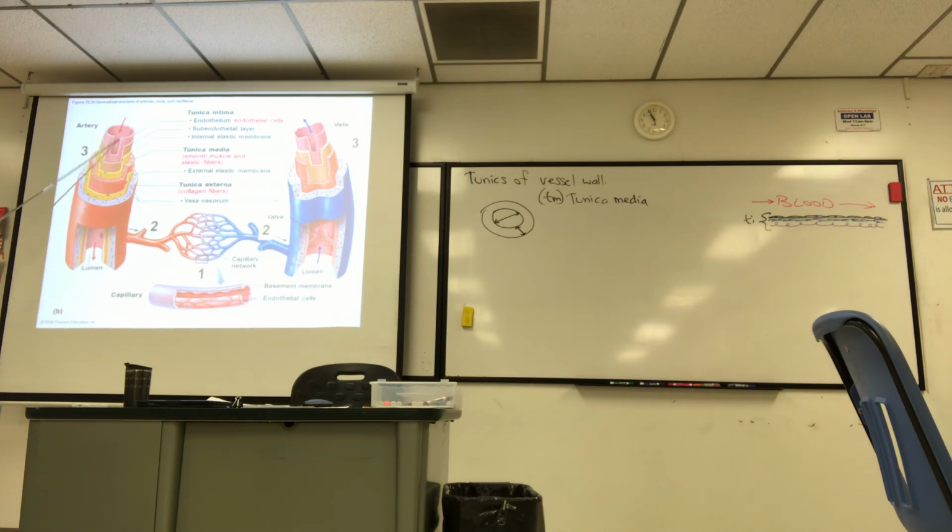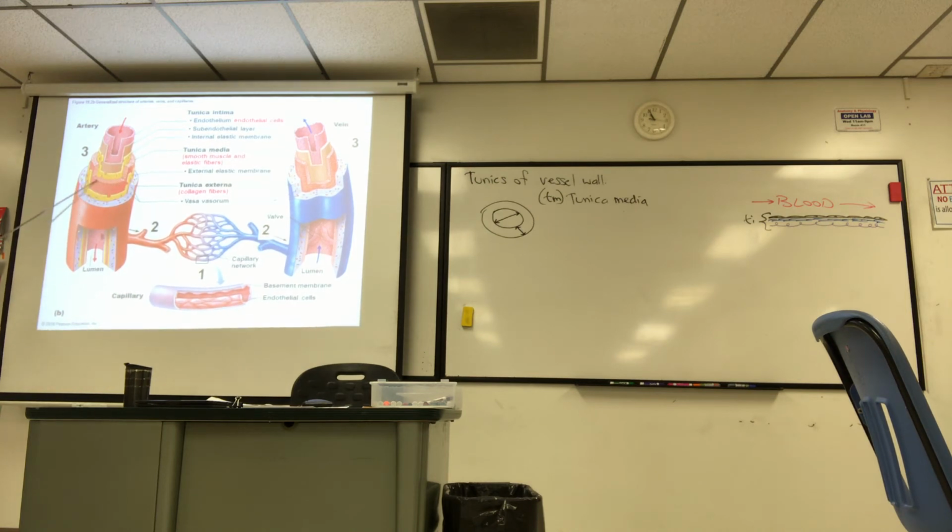I like how they illustrate the endothelial cells. It's very accurate. The subendothelial layer, they draw the internal elastic lamina to look like Swiss cheese. That's okay. Usually on histology slide, it's black. Black elastic fibers is usually what you'll see.